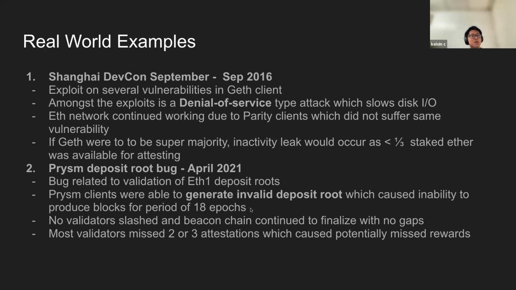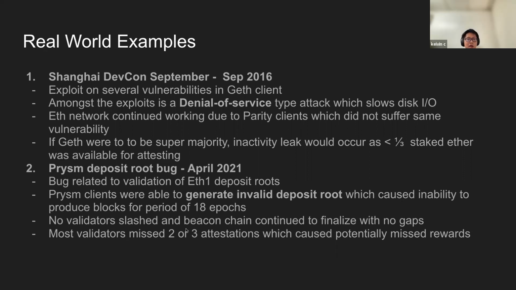Another recent example is the Prysm deposit root bug. Prysm is one of the clients running under the consensus layer. This happened in April 2021. To summarize, this bug basically allows the Prysm client to generate invalid deposits. This also affects the Prysm clients' ability to produce blocks, and they were halted, not able to produce valid blocks for up to 18 epochs.